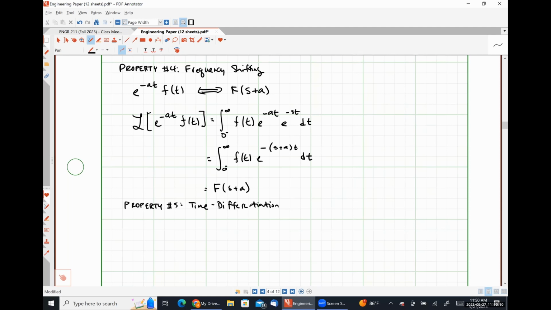Way back when we were developing our phasor relationships and trying to figure out what the phasor relationships were for inductors and capacitors, we found that taking the derivative in the time domain was the same as multiplying by j omega in the frequency domain.